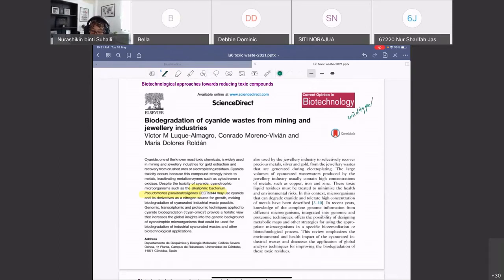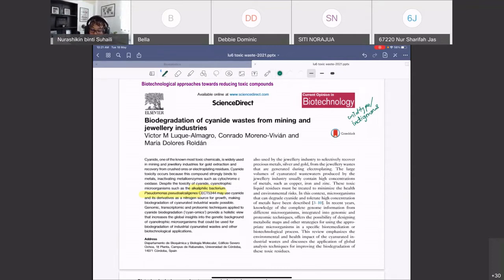or you will also notice the word indigenous. Indigenous means pure, something that is unaltered, something that is natural. So some of the microorganisms are obtained naturally, whenever the researchers screen for certain microbes, they found that the microbes obtained naturally can do the bioremediation.